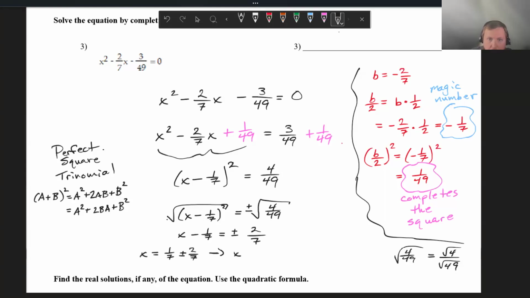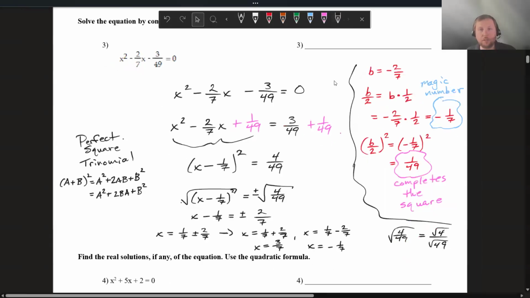So x is equal to 1/7 plus 2/7, and x is equal to 1/7 minus 2/7. So I get x is 3/7 and x is negative 1/7. And those are my two solutions.